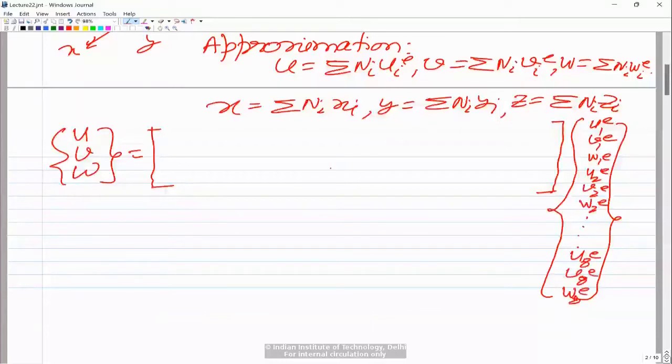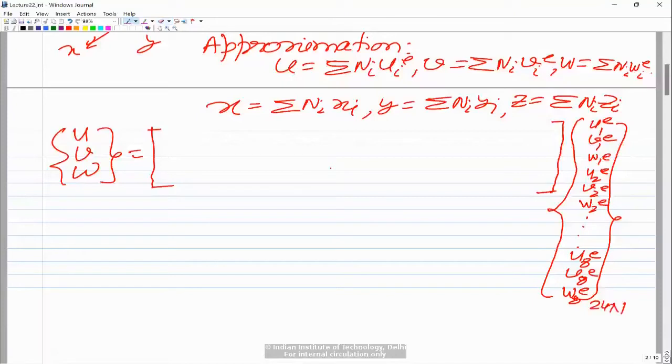So this is the vector of elemental degrees of freedom. As you see, it is a vector of 24 by 1, because there are 24 elemental degrees of freedom, and at each node there are 3 degrees of freedom.